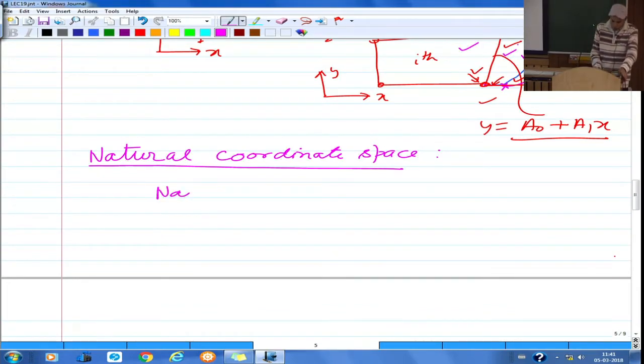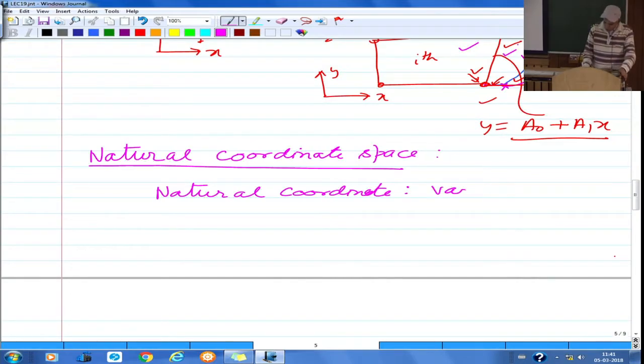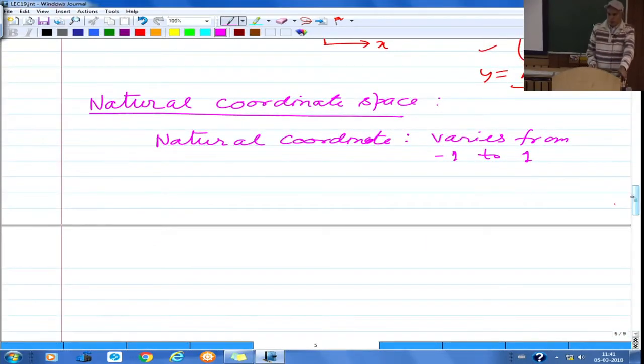So natural coordinate meaning is, this varies from -1 to +1. Now for the two-dimensional case, you talk of a space, and let us say I am going to use the notation xi and eta for these coordinates.